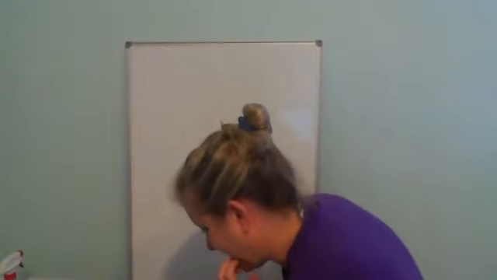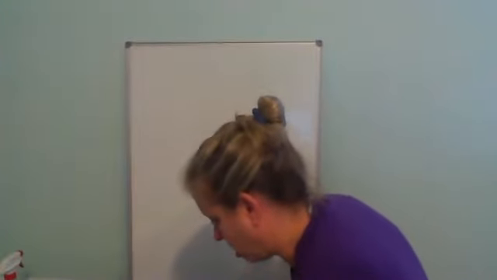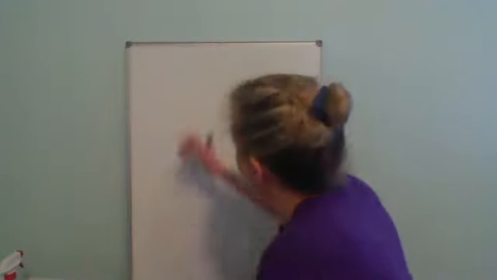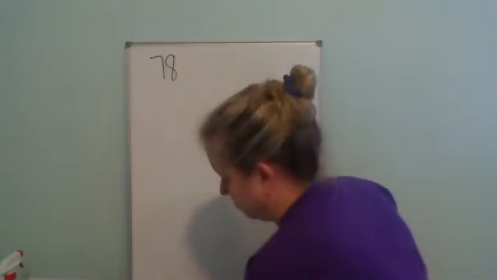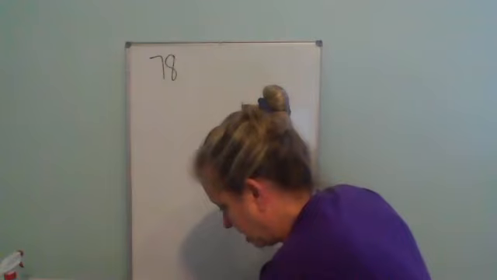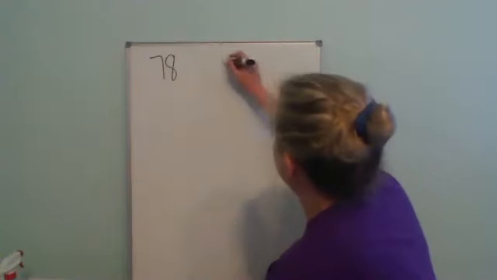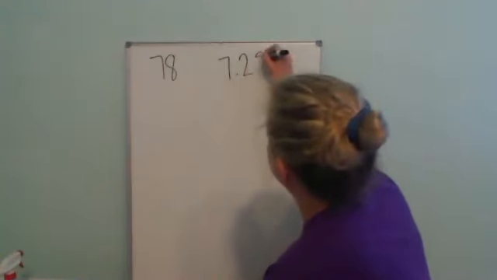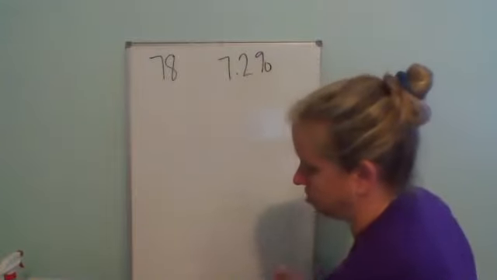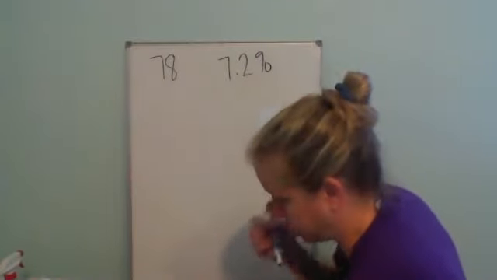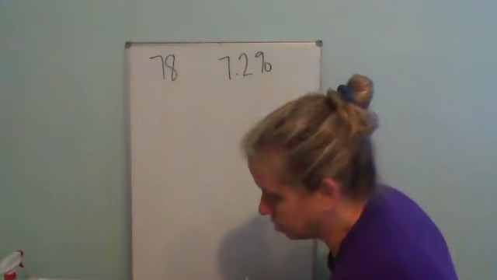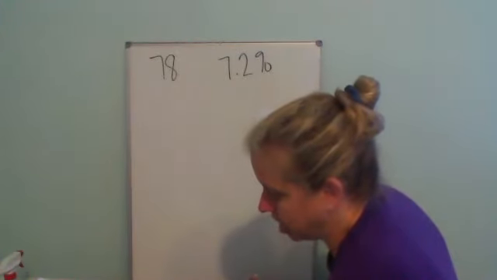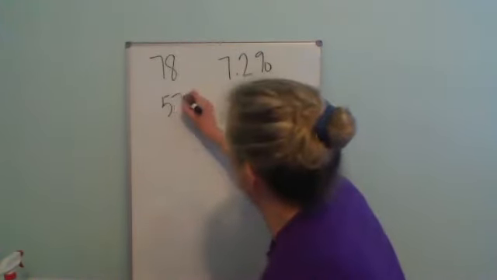Number 6, there are currently 78 million cars in a certain country. So 78 million cars right now, decreasing by 7.2% annually. So the numbers are going down 7.2%. How many years will it take for the country to have 57 million cars?